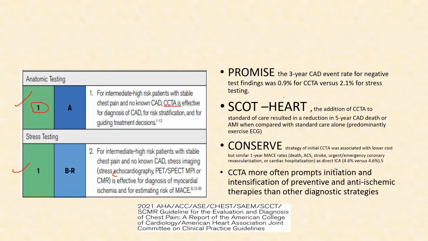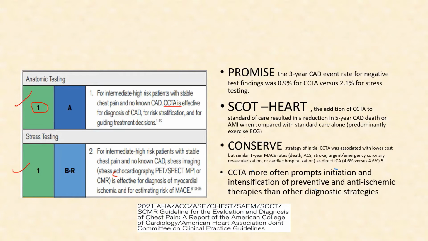The negative accuracy is greater with cardiac CT than stress testing, right? The other thing is SCOT-HEART. The addition of cardiac CTA to standard care resulted in a reduction in 5-year cardiac death and MI when compared with the standard care alone, predominantly exercise ECG.